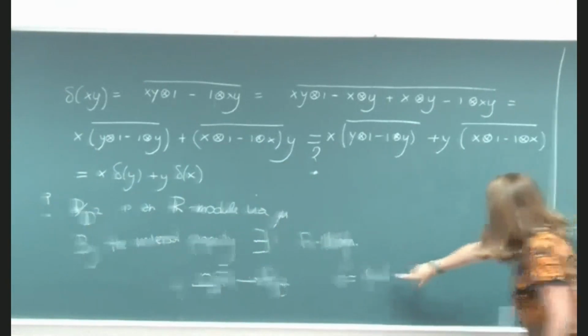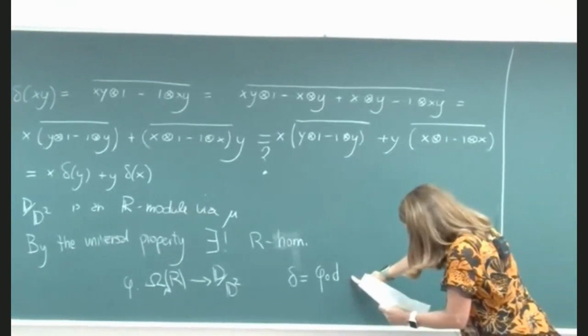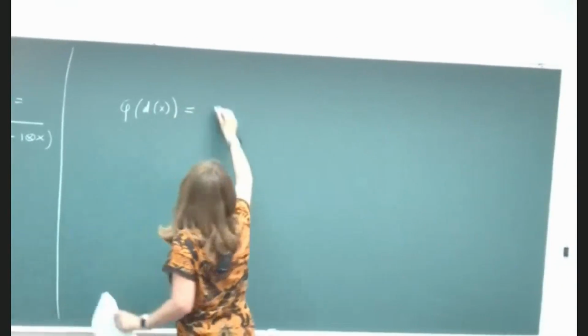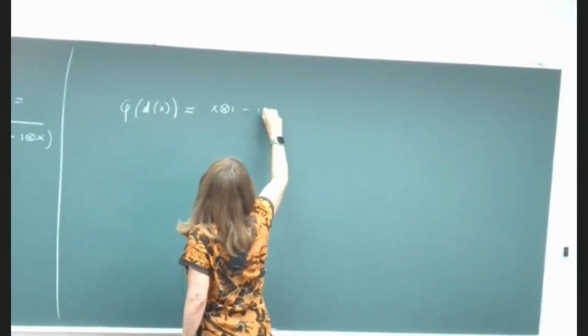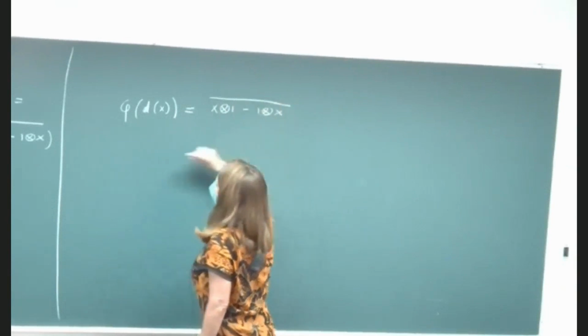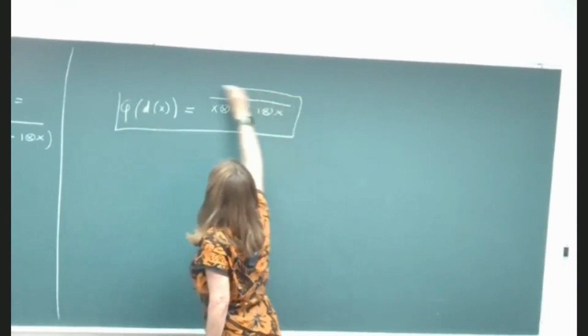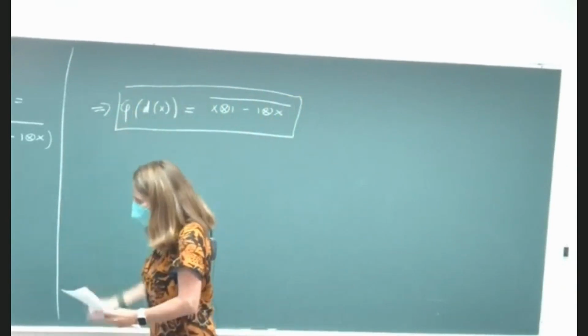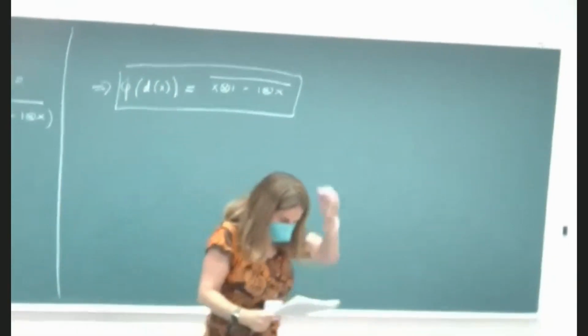So because of this, what do I know? I know that phi of dx is exactly x tensor 1 minus 1 tensor x. That's important for us.